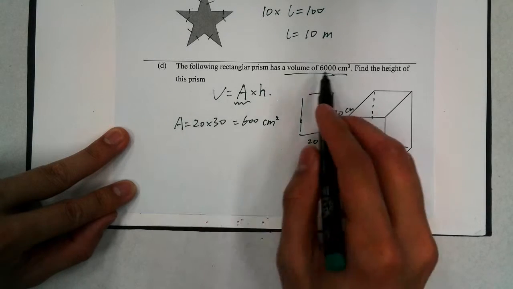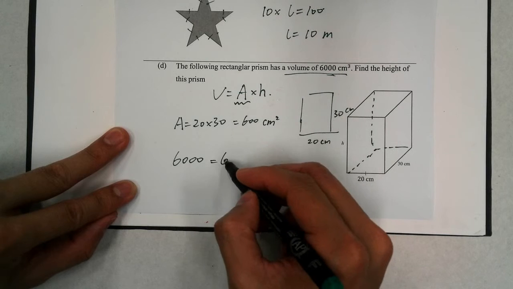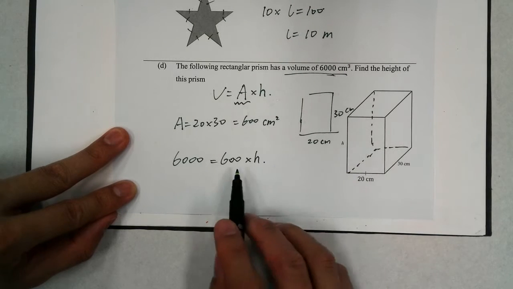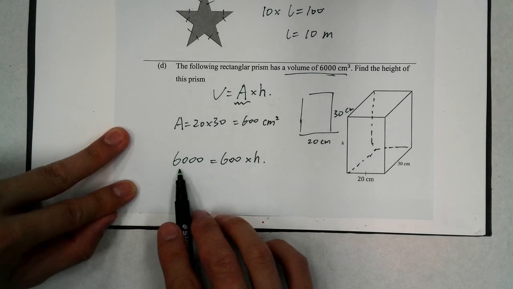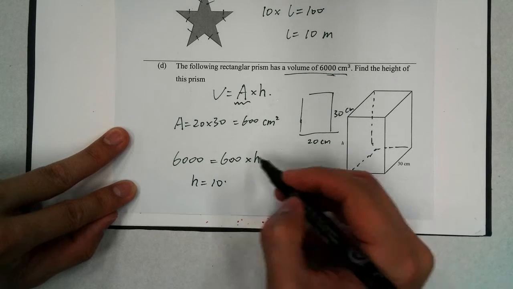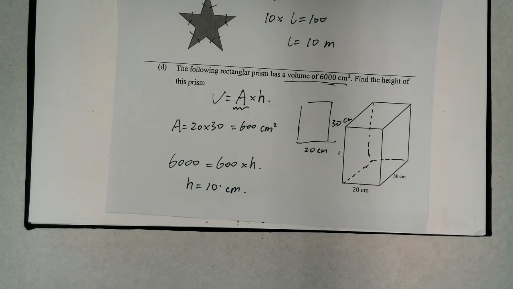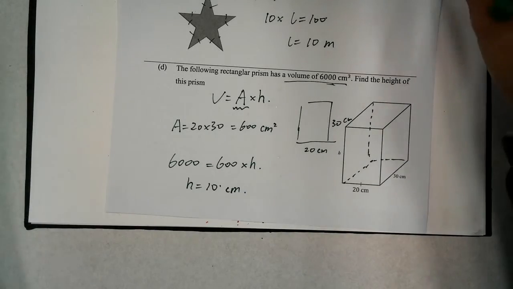As we know, the volume is 6,000, the base area is 600 times the height. So 600 times what can make 6,000? Obviously it's 10, and then we need to keep the same unit, which is centimeters. And that's for the application problem.